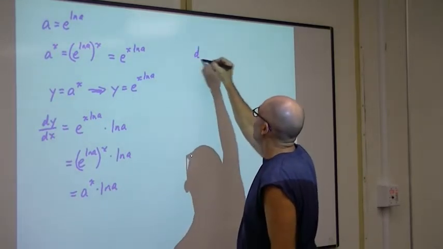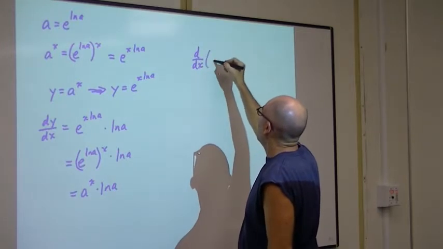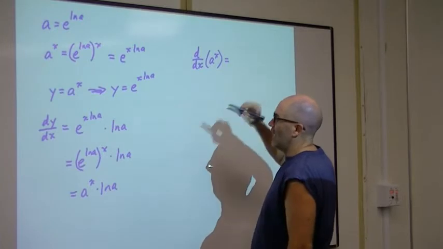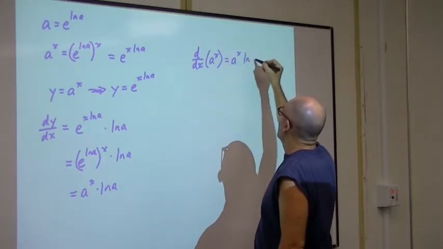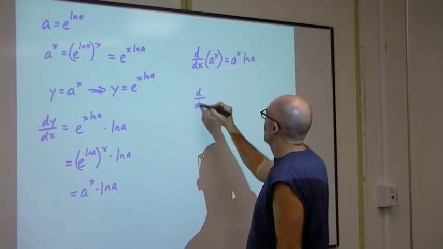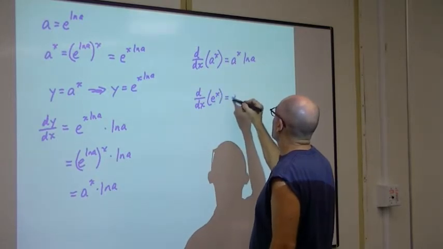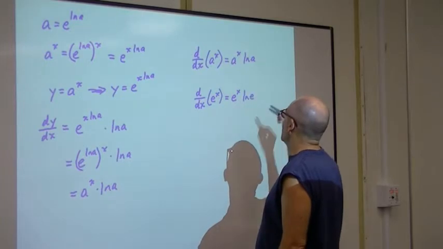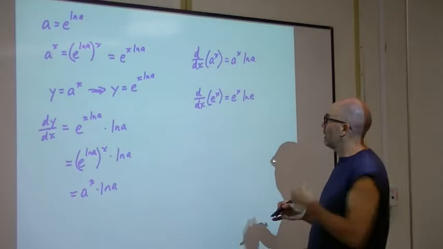So the derivative of a to the x equals a to the x natural log a. The derivative of e to the x equals e to the x natural log e. Now notice natural log e just equals 1.